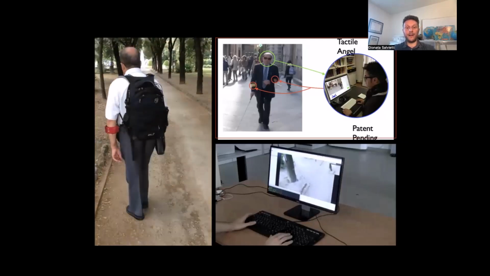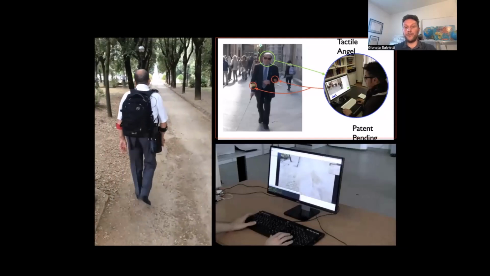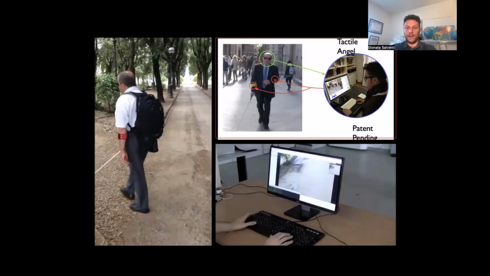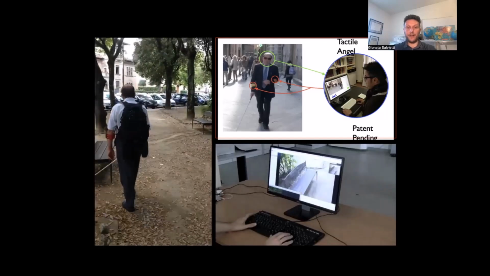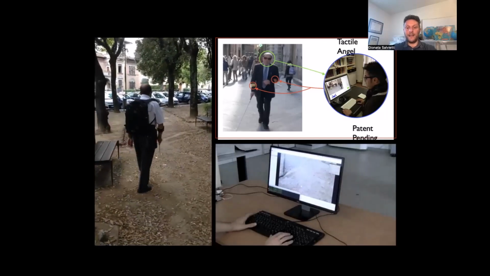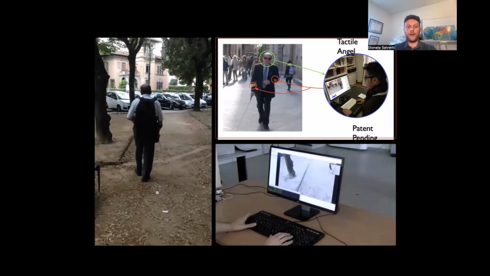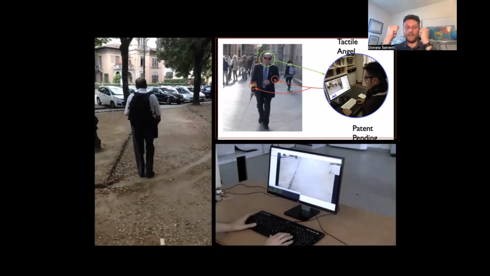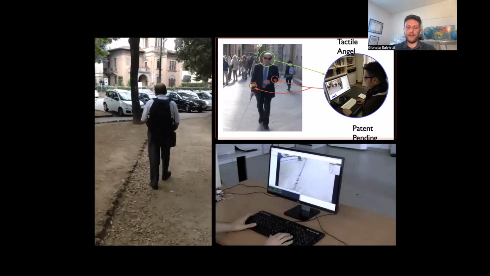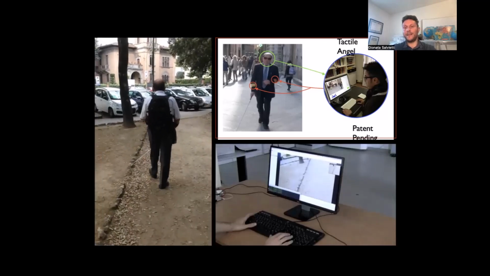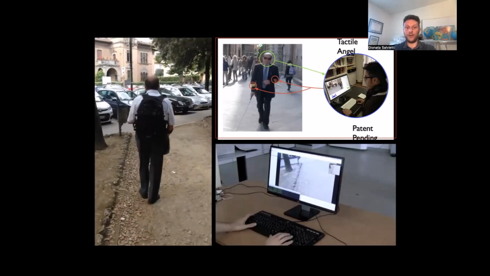So imagine that here the blind person has a camera that is showing a remote operator the way in front of the user, and also the blind person wears two bracelets on the arm with vibrating motors, and the operator remotely can activate these bracelets to suggest directions of motion.